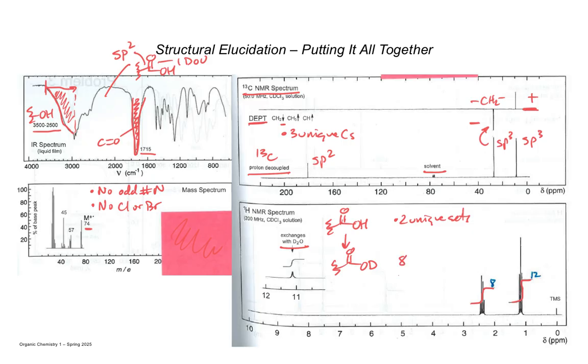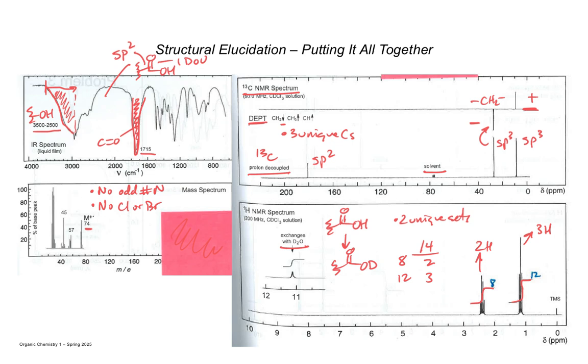So we have 8, we have 12. The common denominator for those would be 4. So I'm going to put up here, divide by 4. Then we get 2 and 3. That tells you this is 2 hydrogens, and this is 3 hydrogens.